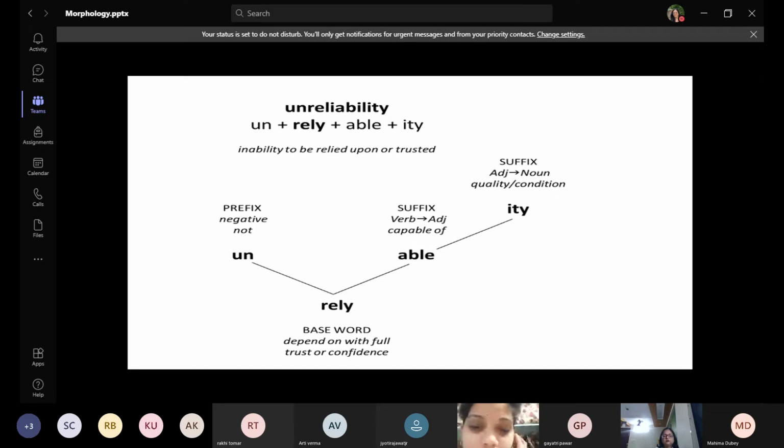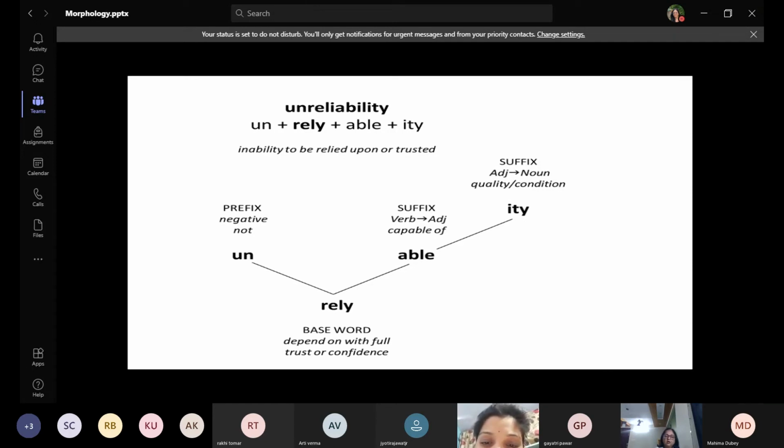Now what happens to this word rely? You add a suffix able. Okay, so now rely is actually a verb. I can rely on you. It is a verb. कौन सा वर्ड क्लास है rely?